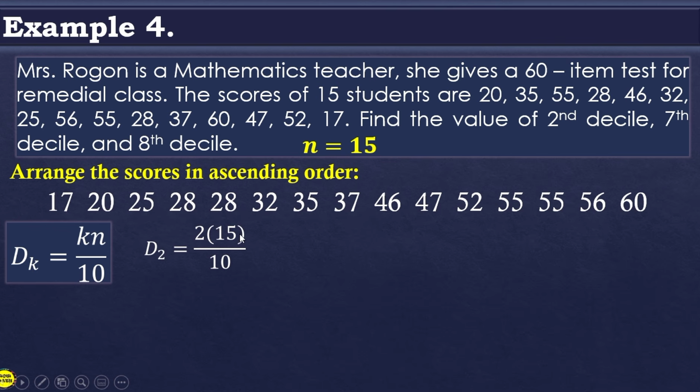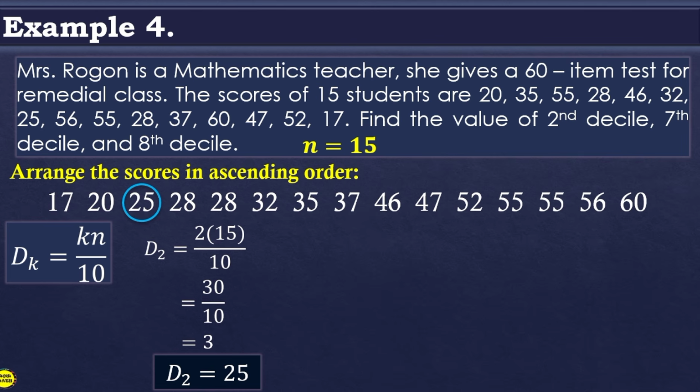So, 2 times 15 divide 10, and that is 30 divide 10. The answer is 3. Again, whole number yung nakuha natin. Ibig sabihin, yung second decile ay matatagpuan sa pangatlong element or pangatlong data sa given natin. So, 1, 2, 3. So, ito yung second decile natin. So, the second decile is 25. Next.